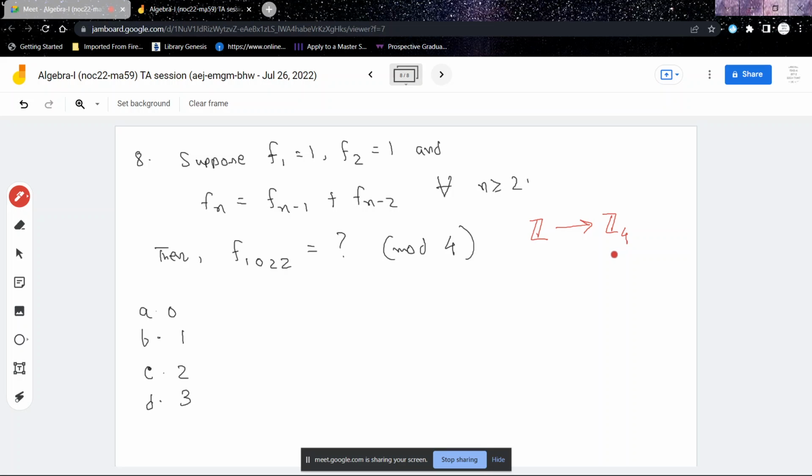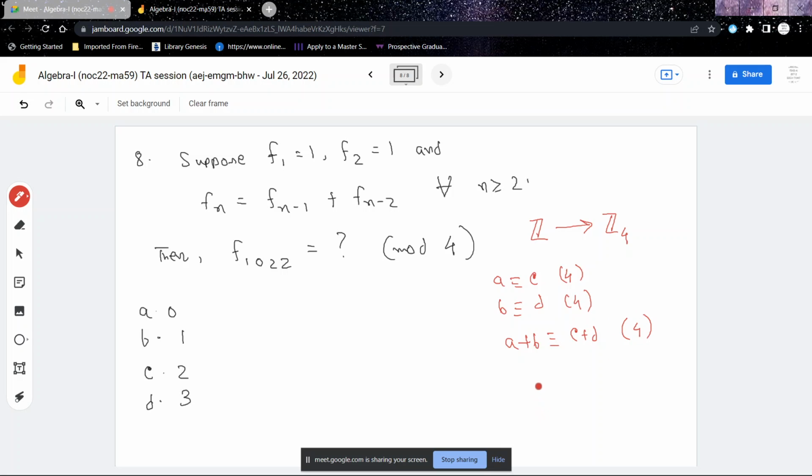In particular, the addition is well defined. If a and b are integers that are congruent to c and d mod 4, then a plus b is also congruent to c plus d mod 4.